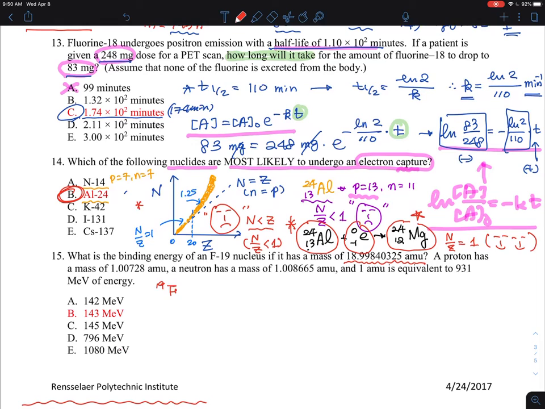I don't want to remember, but I can look at the periodic table. That's number 9. So it has 9 protons and 10 neutrons, and that's the isotope F-19. It says a proton has a mass of this many AMU, and a neutron has this many AMU. That's the before.